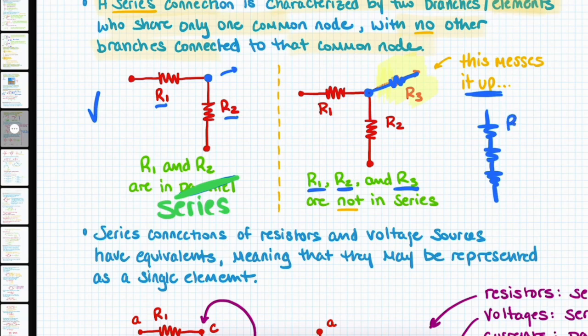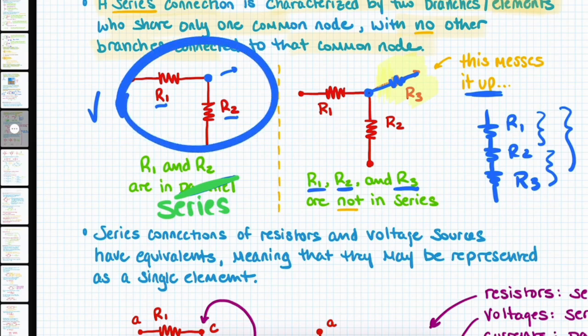So if we have R1, R2, and R3, we could say that R1 is in series with R2, R2 is in series with R3, and then therefore the 3 of those would represent a series connection. This is something that students often mess up in the beginning, thinking that just because 2 elements share a common node, that they're in series.